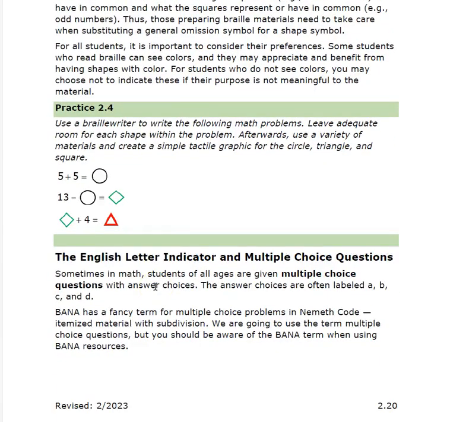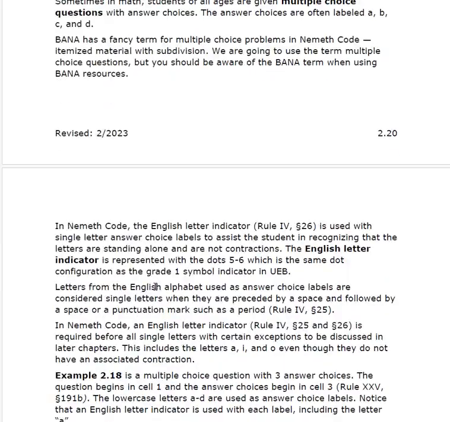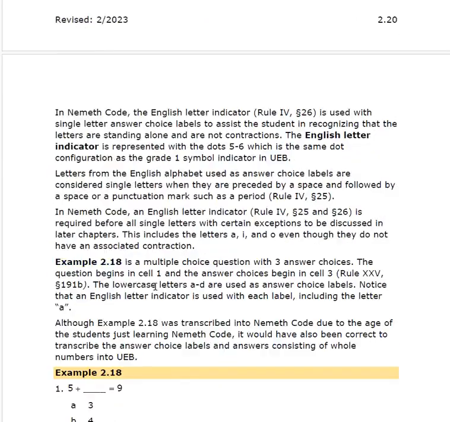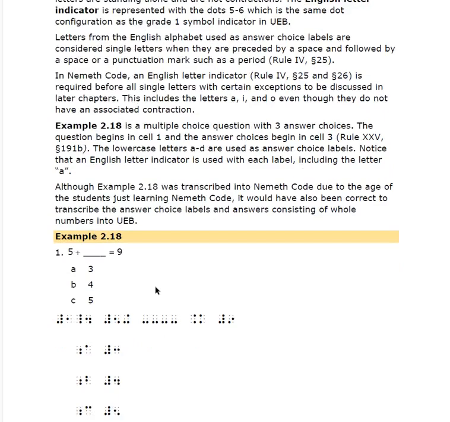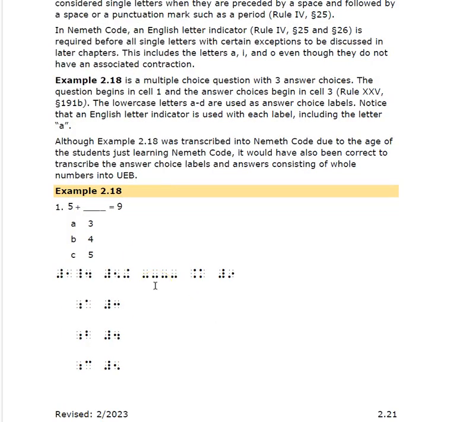We've got the English letter indicator here and a multiple choice question. When I've got multiple choice questions, we have the choices A, B, and C here.